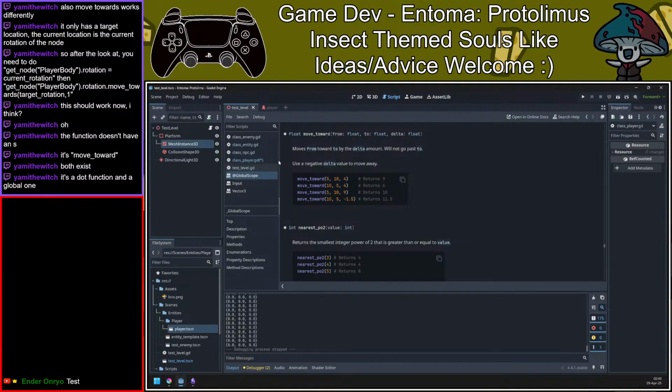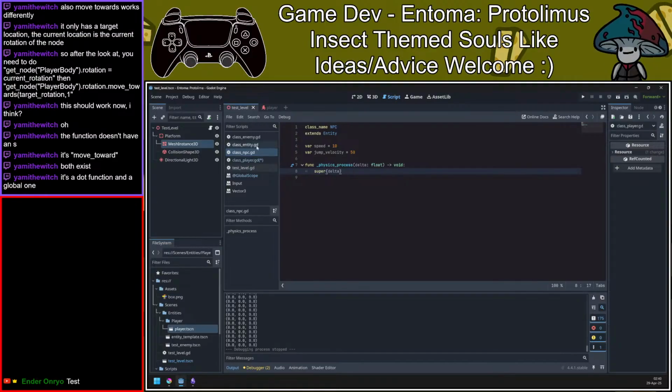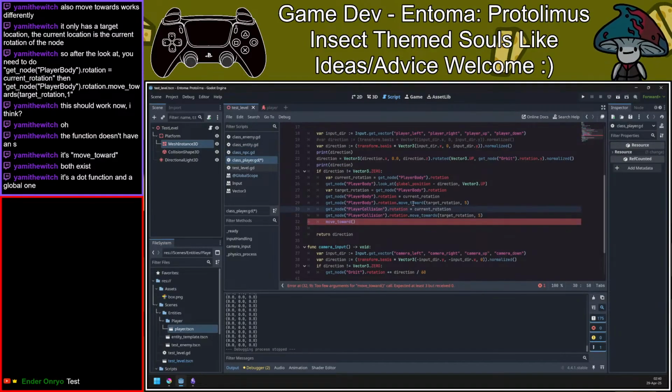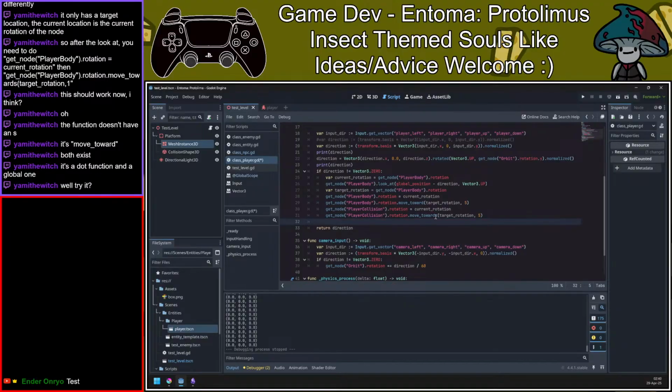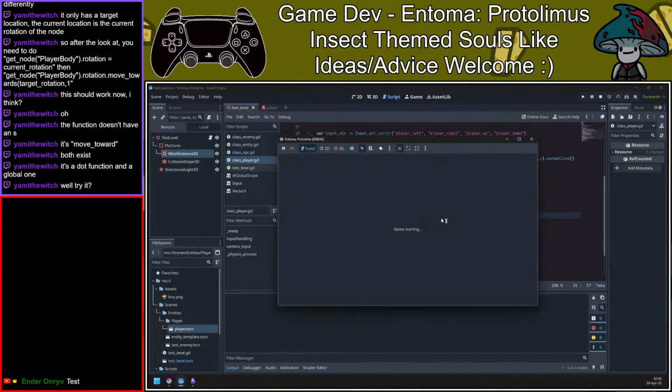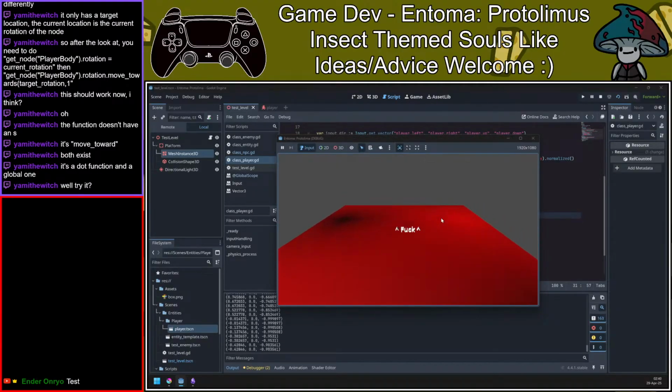It's a dot function and a global one, well, when I was trying to use it as a dot function, and it doesn't seem to exist. What the heck?